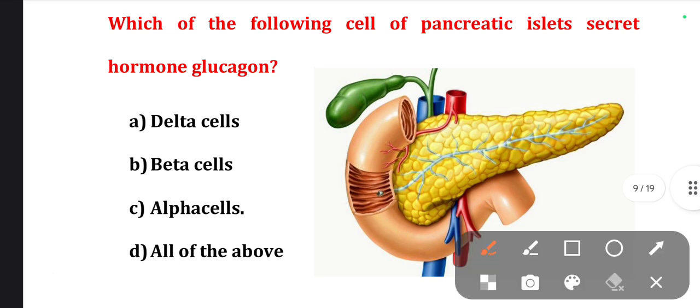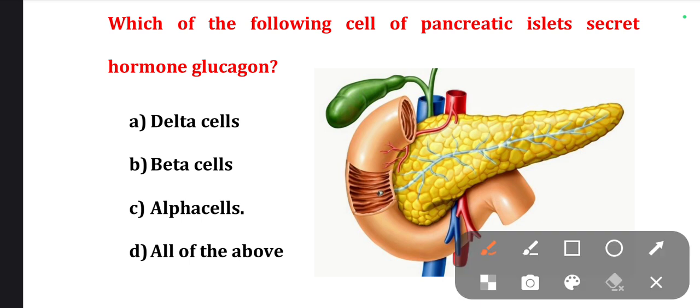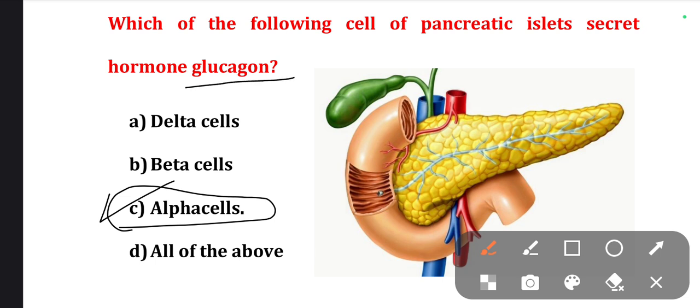The next one is which of the following cells of pancreatic islets secrete the hormone glucagon? Options are delta cells, beta cells, alpha cells, all of the above. The right one is alpha cells. So the alpha cells secrete the glucagon.